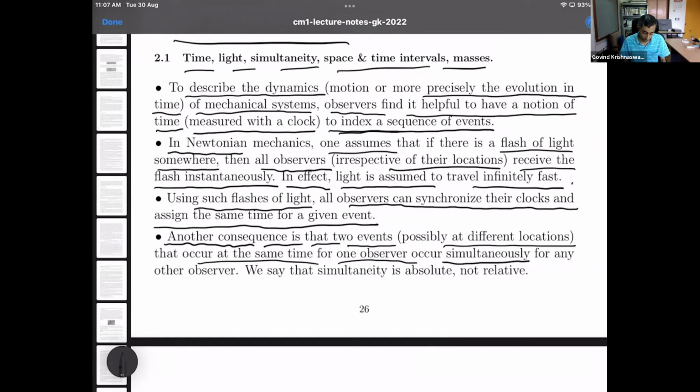If I say they occur simultaneously, then any other observer, such as Ryan Hota, will also agree that they occurred simultaneously, right? Because our clocks are all synchronized. Not just because our clocks are synchronized. If the simultaneity is the same concept for all of us, we say that it is absolute.